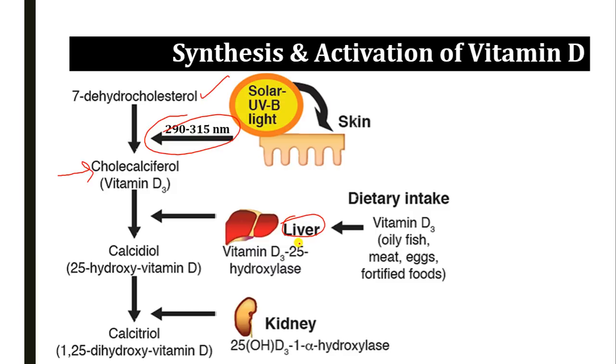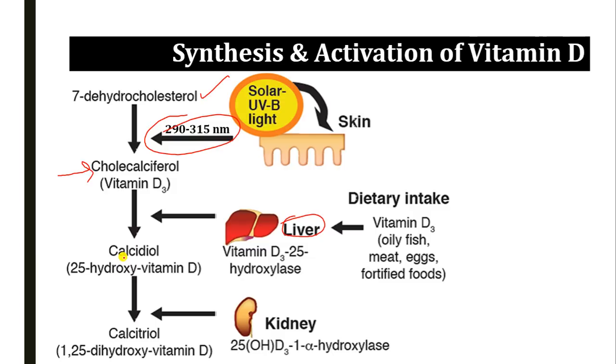In the liver, there is an enzyme, 25-hydroxylase, that will add a hydroxyl group on the cholecalciferol, and it makes 25-hydroxycholecalciferol or calcidiol. Diol means two hydroxyl groups. One hydroxyl group is already present on carbon number 3, and the second hydroxyl group is added on carbon number 25.